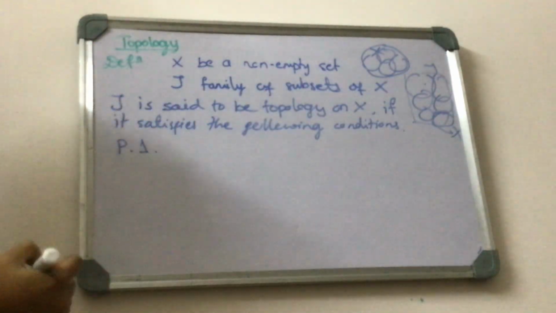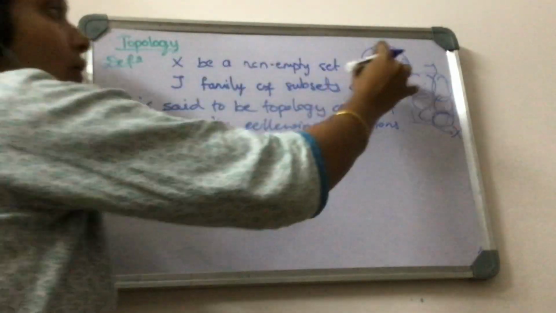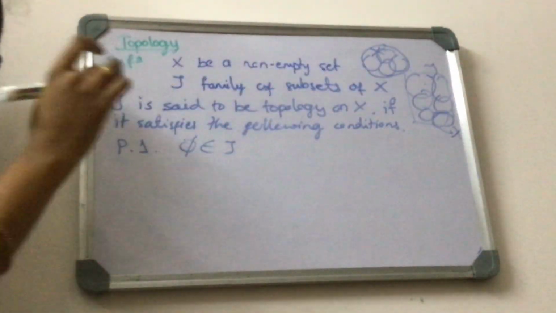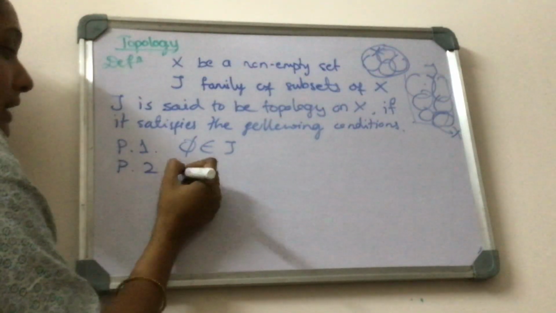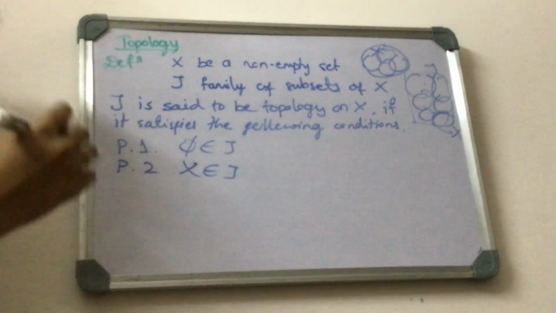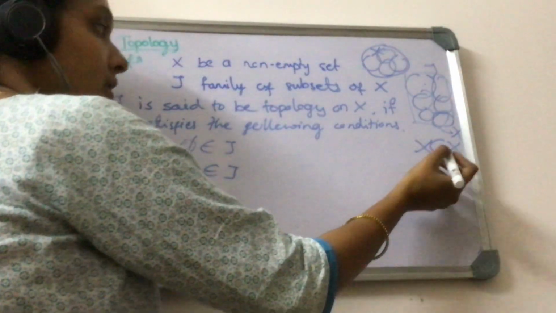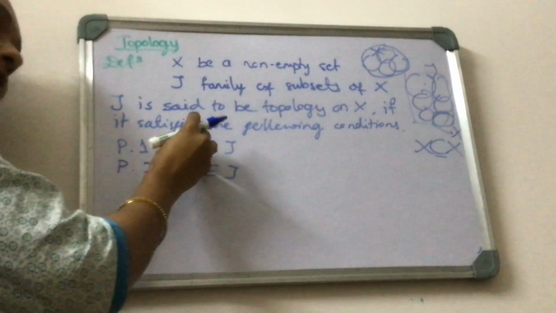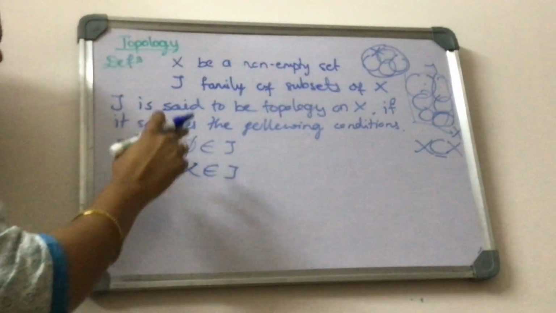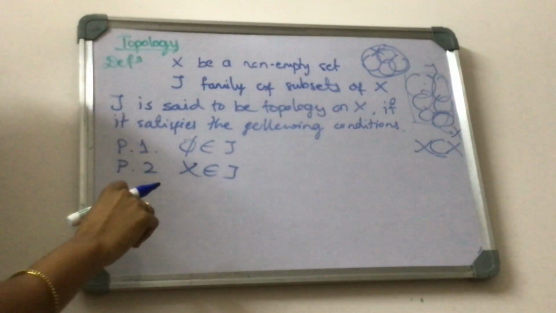The first one is phi belongs to tau. That collection is there, no? That must have a phi. Phi means empty set, null set. Second one is X belongs to tau. Since X is a subset of itself, X must be there in that collection. That is the smallest subset and the biggest subset. Both must be in the collection of the subsets.